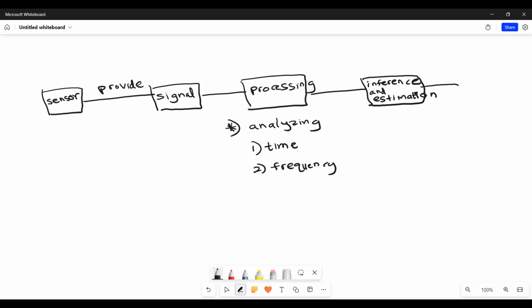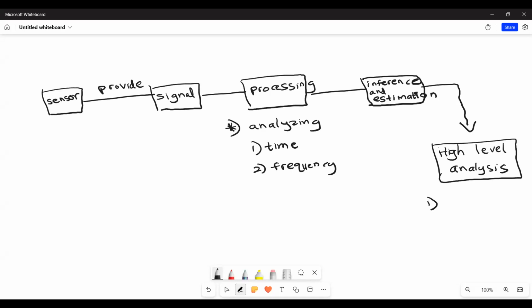And then using the output, we are going to do some predictions or some kind of detection. So using the estimations, we are going to do some high-level analysis of the environment that we are considering.